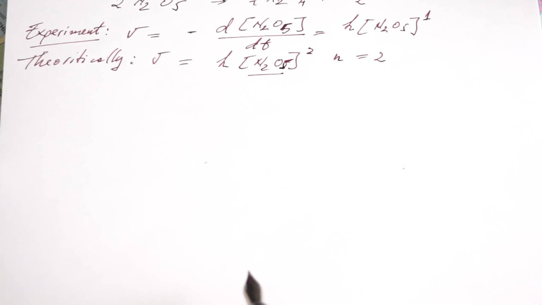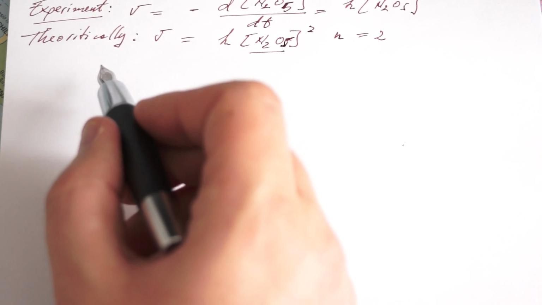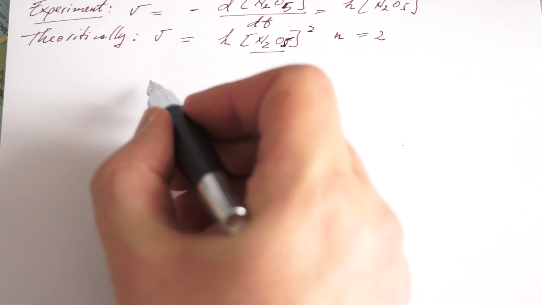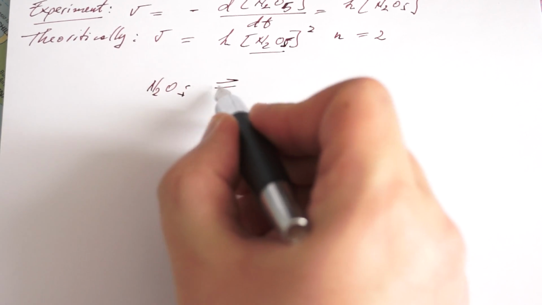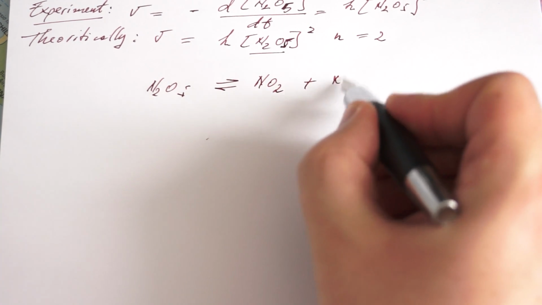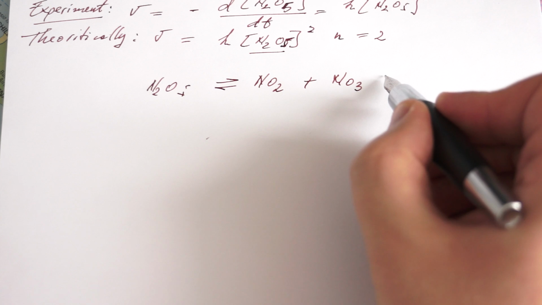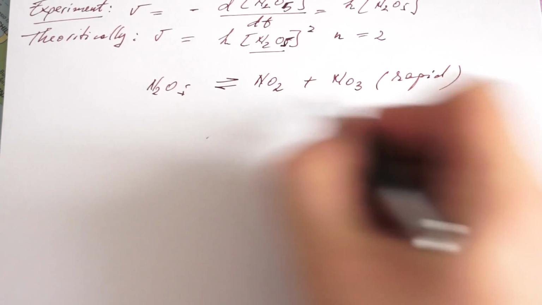The experiment has determined that the decomposition reaction really takes 3 steps. The first step would be an equilibrium reaction, where we would form NO2 plus NO3, and this equilibrium is rapidly attained.